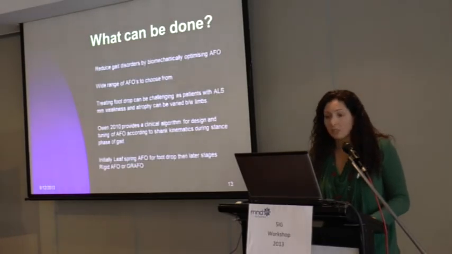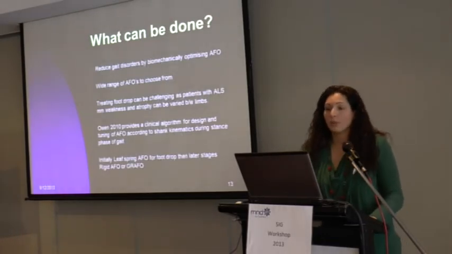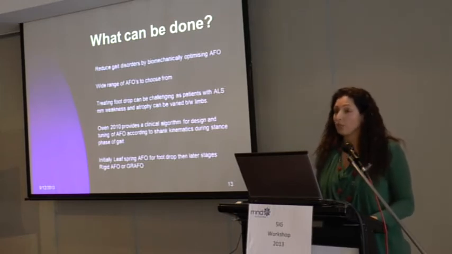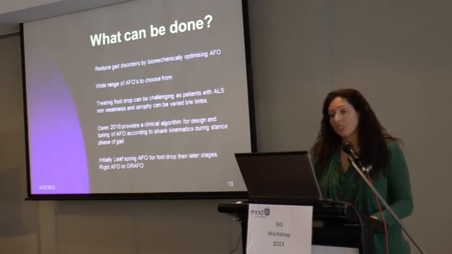What can be done? To reduce gait disorders, we really need to optimise the AFO biomechanically. There's a wide range of AFOs out there to choose from. Treating foot drop can be challenging as patients with ALS can have varying muscle weakness and atrophy in both legs.